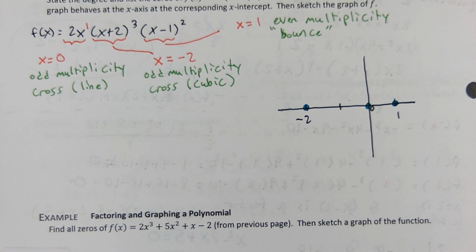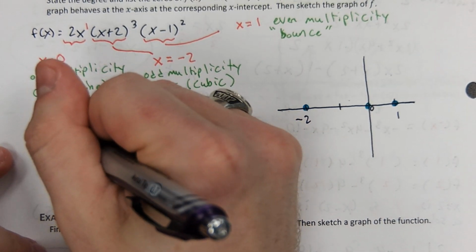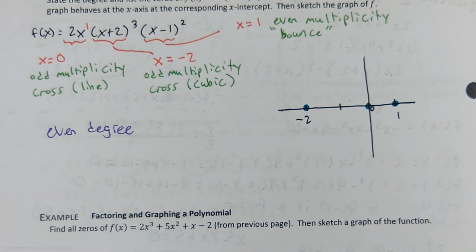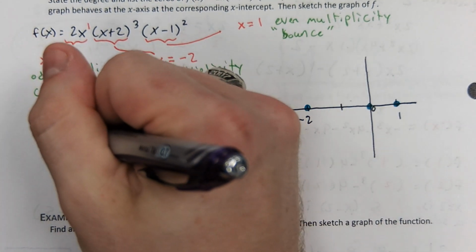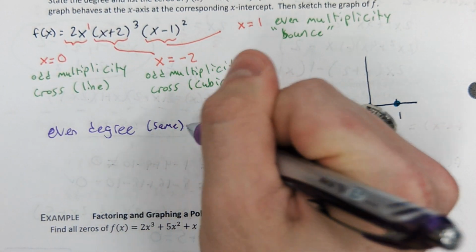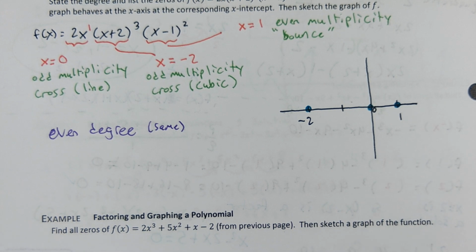So we know we have an even degree polynomial. What does that tell me about the endings since it's even? Use a word for it. Same or opposite? Same. Since it's an even degree polynomial, we know that our endings go the same direction. And the number at the front, the leading coefficient, the 2, is it positive or negative?